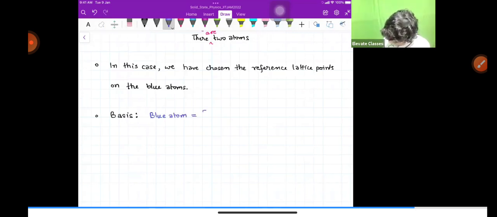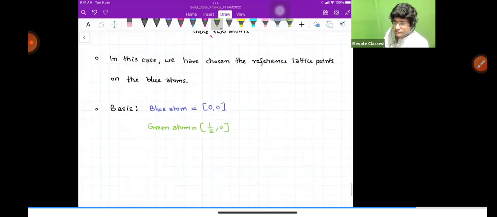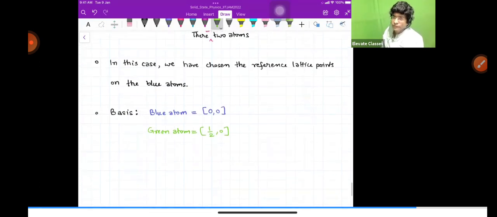So we say that this is at 0, 0. Okay, and the green atom, we say this is at, let's say, 0.5, 0. Okay, all right, is this clear?